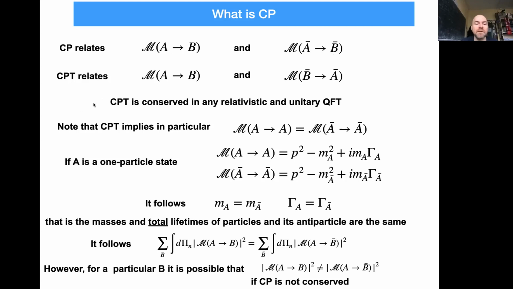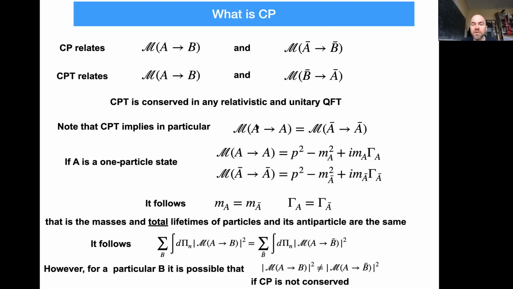On the other hand, CPT, which is a symmetry of every relativistic unitary QFT, relates the process A to B with the process of the CP conjugate of B to the CP conjugate of A. So they are of course not the same.